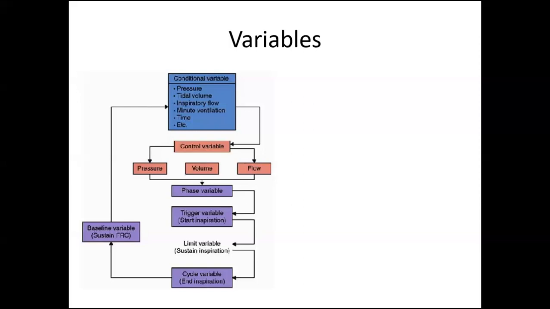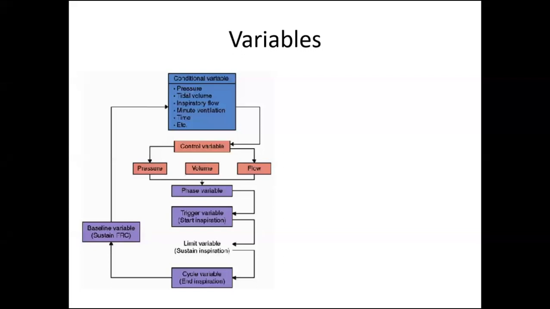And the most important thing here is you cannot control two variables at a time. You can control only one variable at a time. So either you can control pressure or you can control volume, and volume is an indirect one. What you are going to control there is flow. So modern ventilators can control two things: one is pressure control, the other is flow control. By controlling flow, you can control volume.